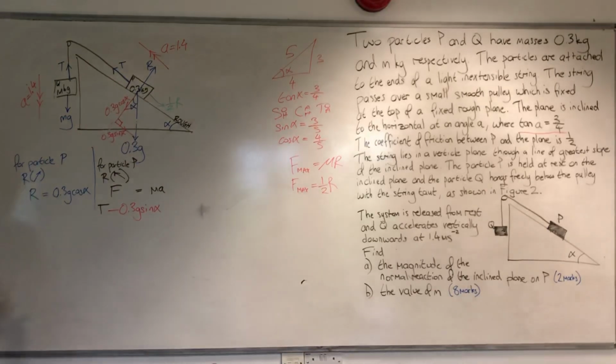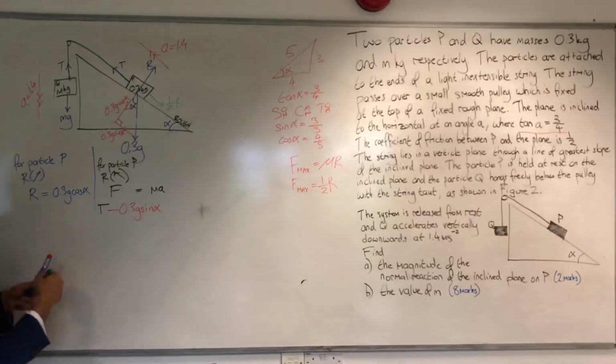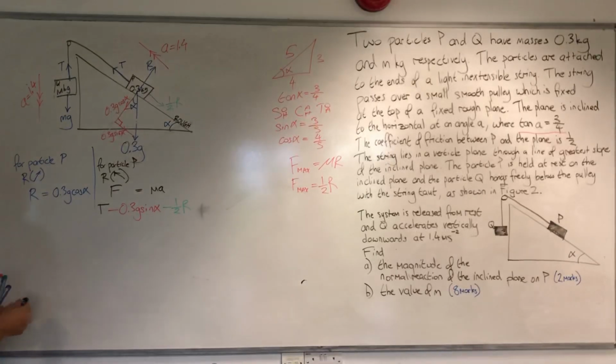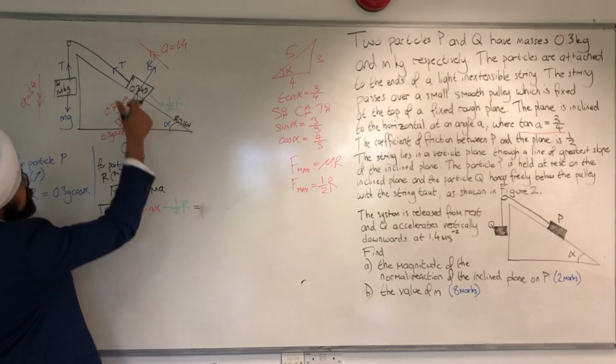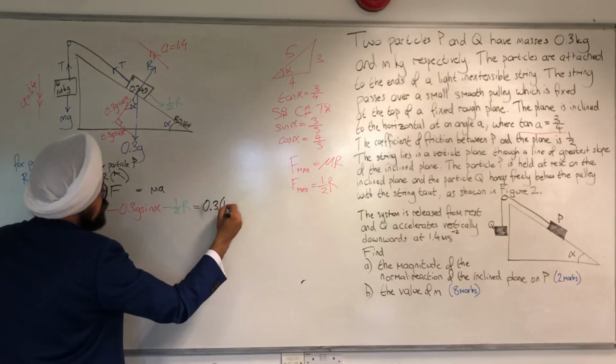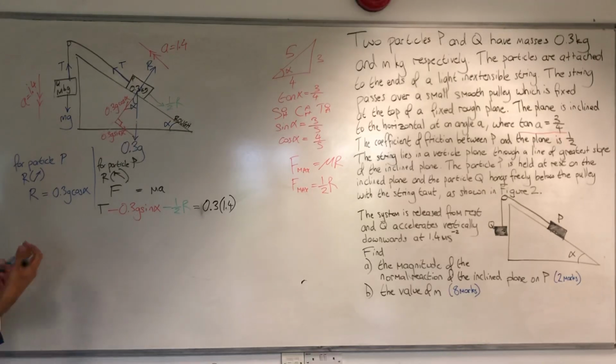And also what's going against this? Friction is going against it as well, minus half R. And that's equal to the mass, which is 0.3, times the acceleration, which I've been given in this question, and that's 1.4.